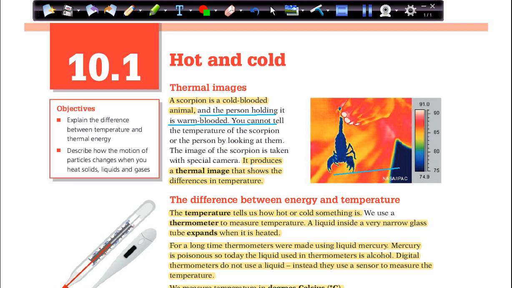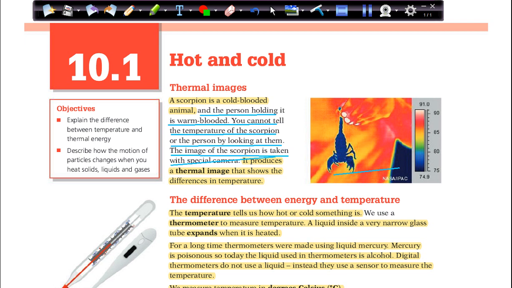You cannot tell the temperature of the scorpion or the person by looking at them. If I just look at you and see everyone, I cannot just guess your temperature, because this is something we need to measure. We cannot just see it. So here the image of the scorpion is taken with a special camera.